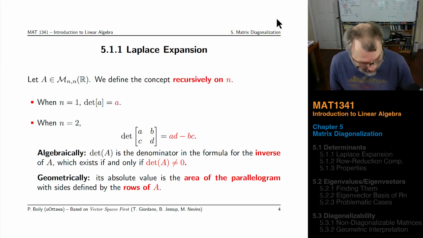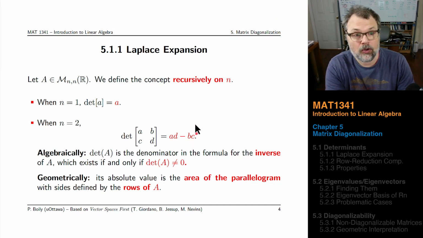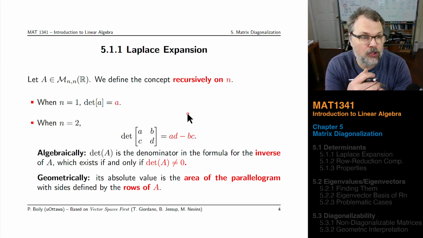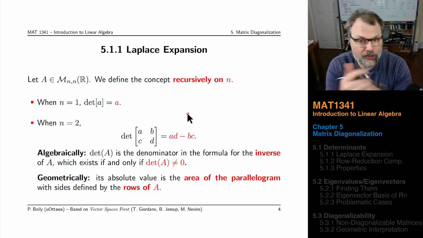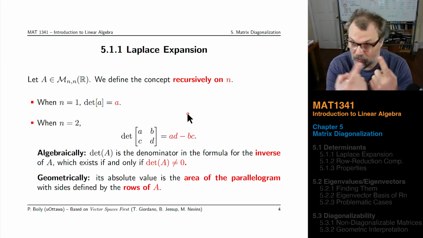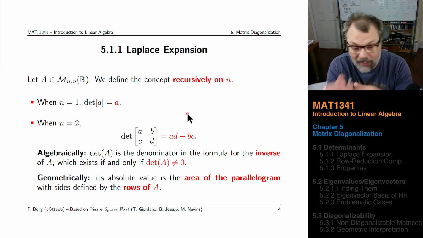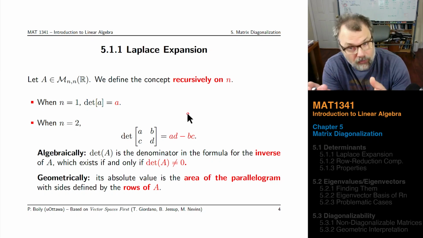So the idea of the determinant is a way to generalize this notion to a general n by n matrix. When your matrix A is 1 by 1, so if it's just a scalar, just a number alone, an array of 1 row and 1 column, the determinant is simply the actual value. So the determinant of 3 is 3.